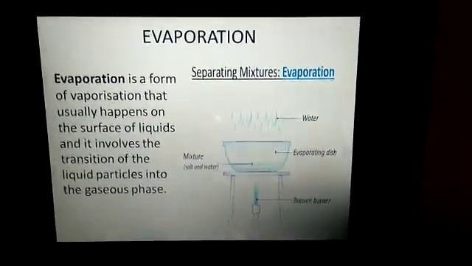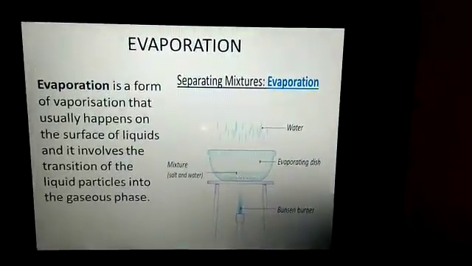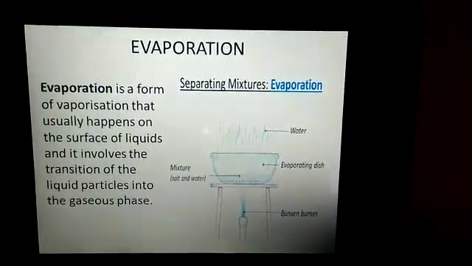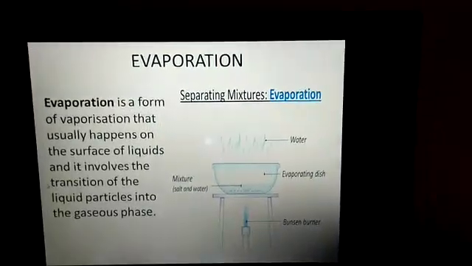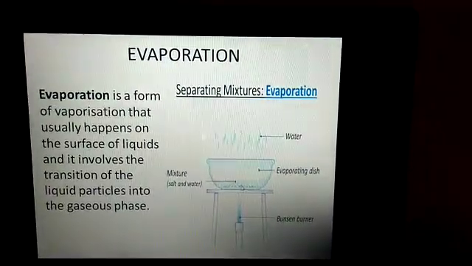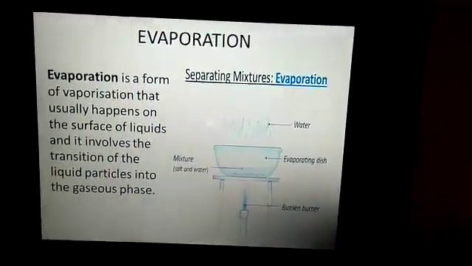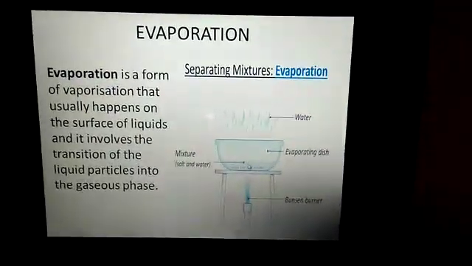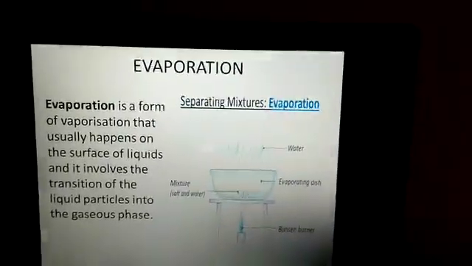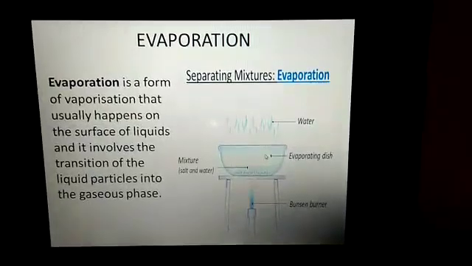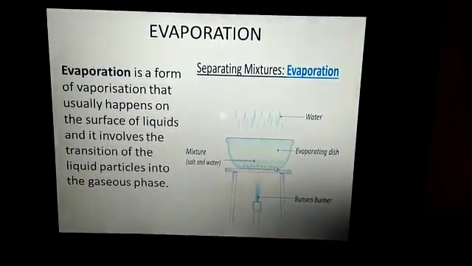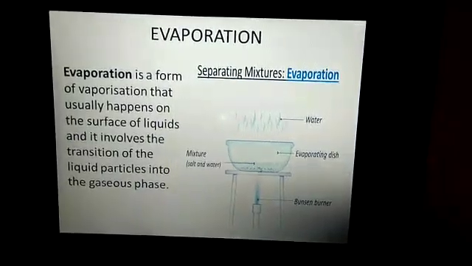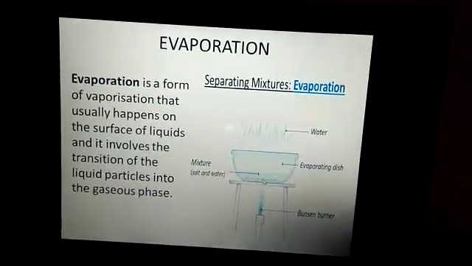This method is used to separate components of a homogeneous solid liquid mixture. You need to heat the mixture with the help of a Bunsen burner, and after some time the liquid will evaporate in the form of vapor and leave behind the solid substances.